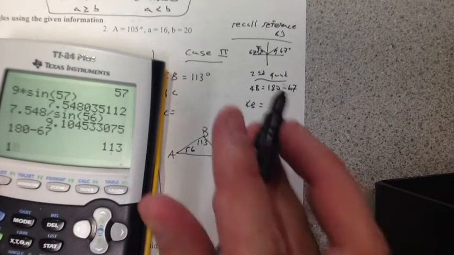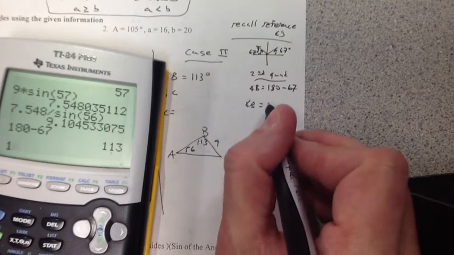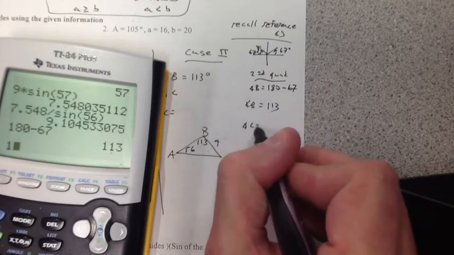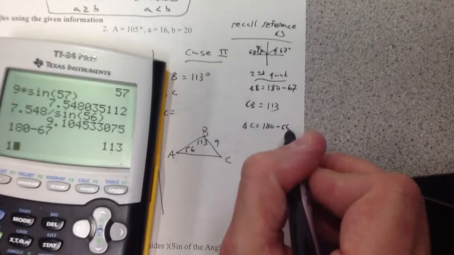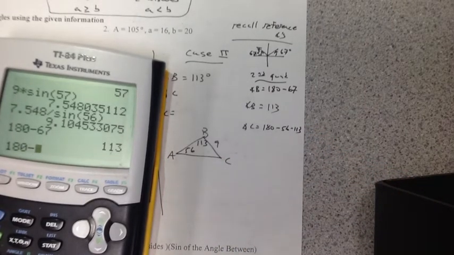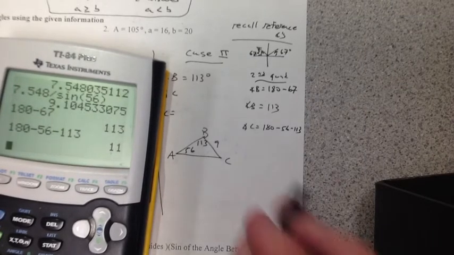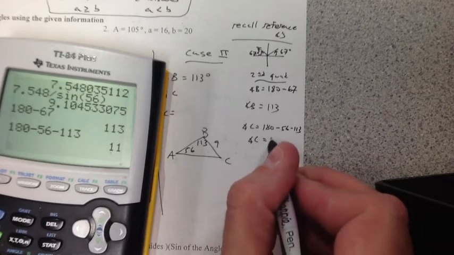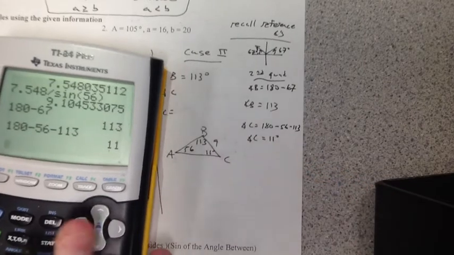To get angle C, it's going to be 180 minus 56 minus 113, and I get 11 degrees. Not a very big angle.